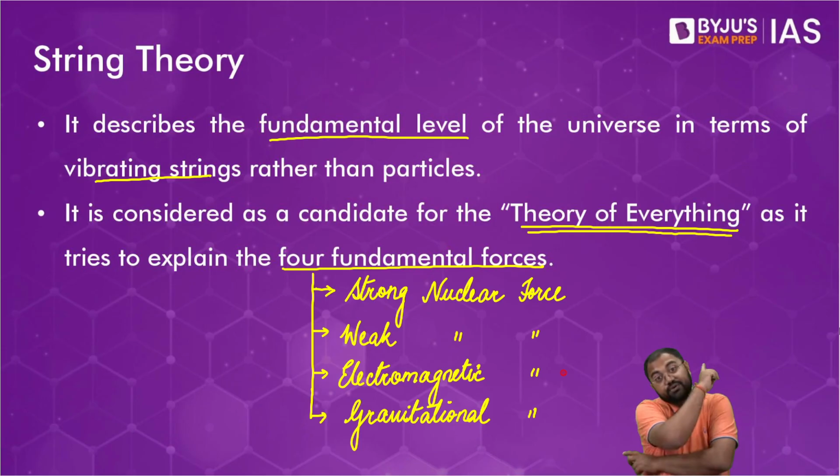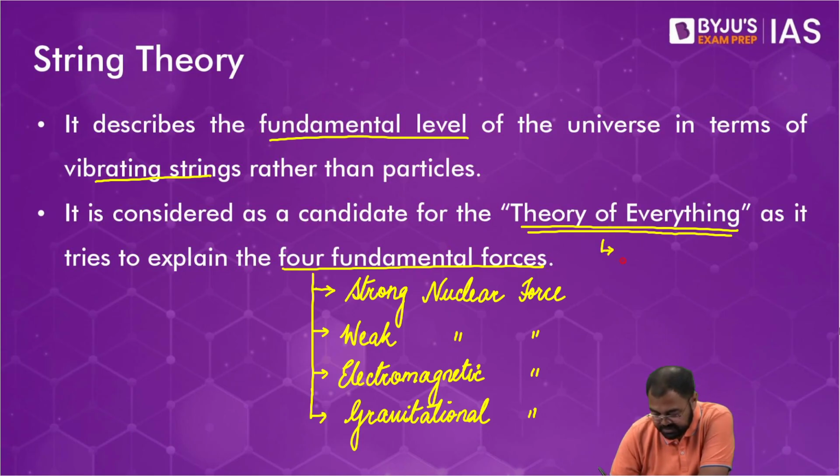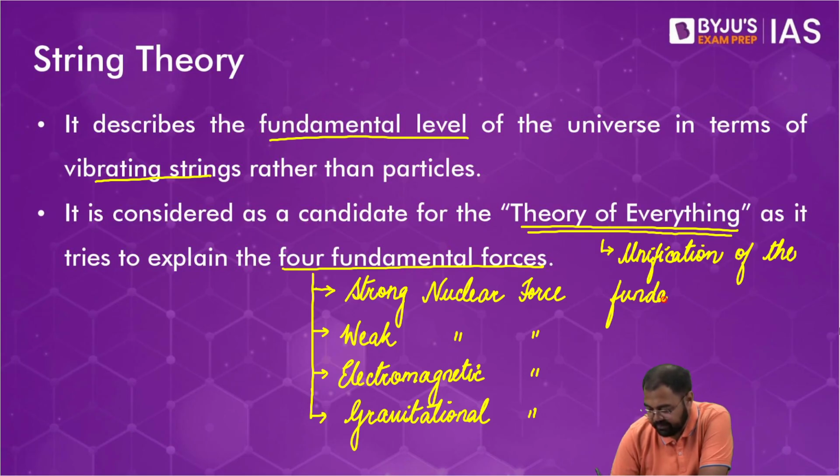So if they were unified in the past, there must be a way to unify them again. This is basically what the theory of everything says. So this is basically about the unification of the fundamental forces.